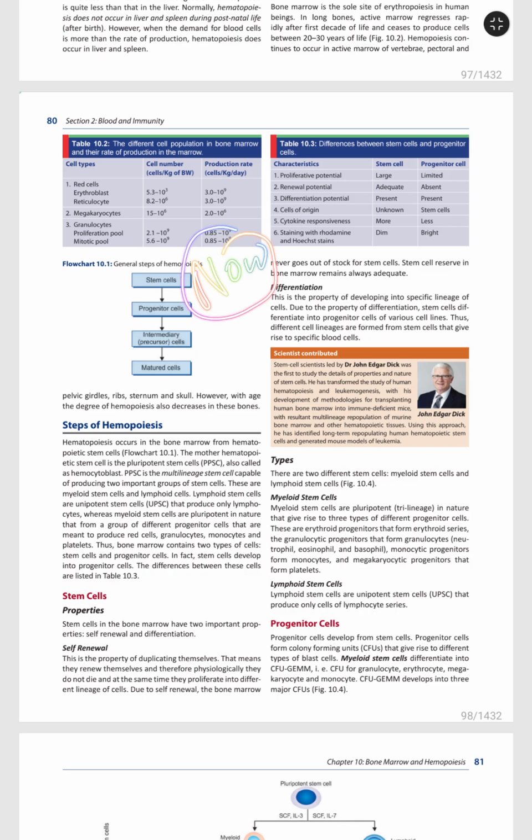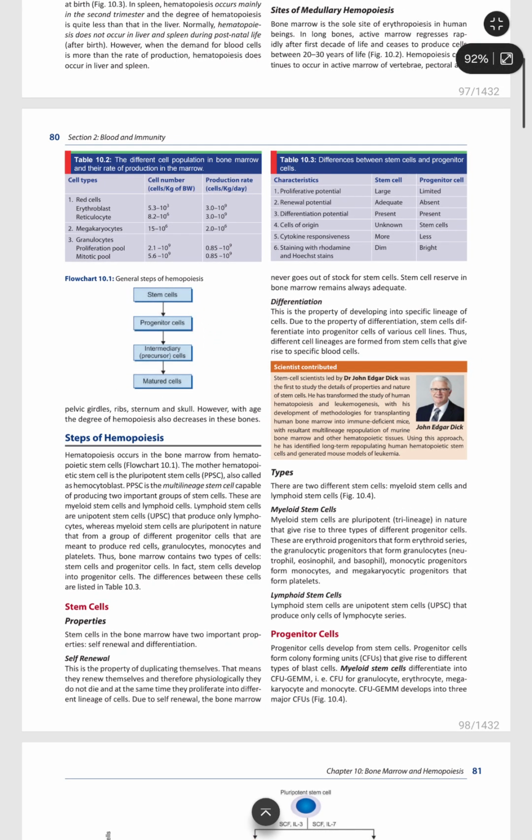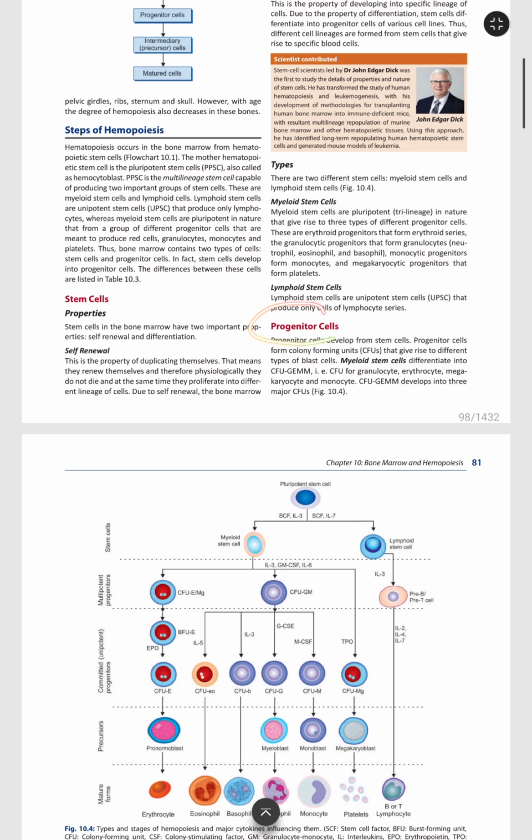Stem cells can be of two types: myeloid and lymphoid stem cells. Then progenitor cells. The progenitor cells develop from the stem cell, and the progenitor cells differentiate into CFU, colony forming unit, CFU for granulocyte, erythrocyte, megakaryocyte and monocyte.